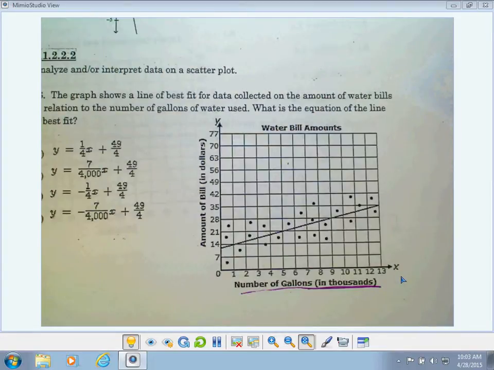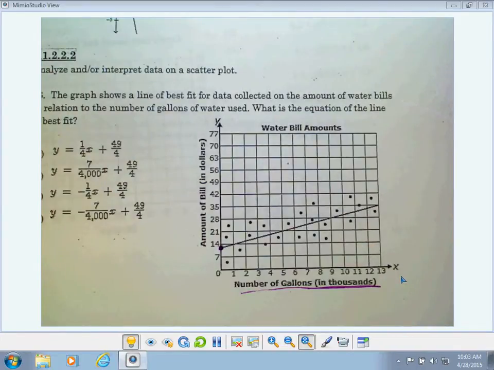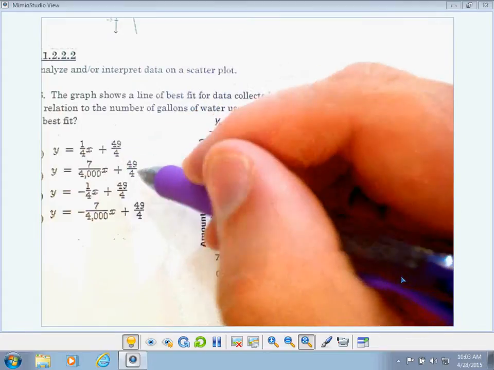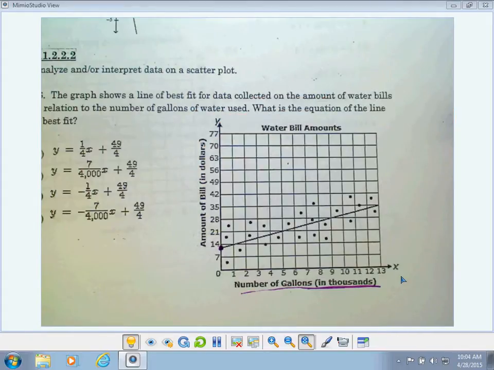The first thing I would look at is, what's the y-intercept indicate? Well, the y-intercept is right here. So somewhere around like 13 or so. But as you can see, in each one of these problems, they all have the same y-intercept of 49 over 4. So we're not going to be able to eliminate anything out of the y-intercept, so our only other recourse is the slope. So let's see if we can figure out a good slope here. We need to find 2 points that we can tell what they are really easily.